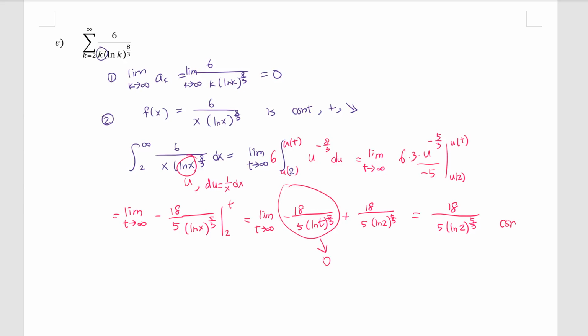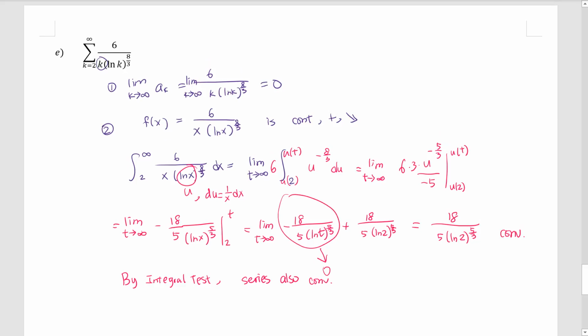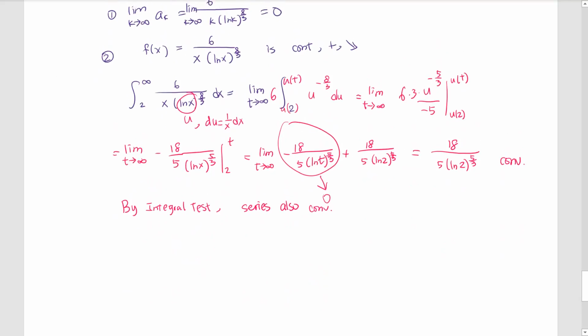Okay, so we get a number, so it converges. So by the integral test, our series also converges. Okay, so that finishes the problem.